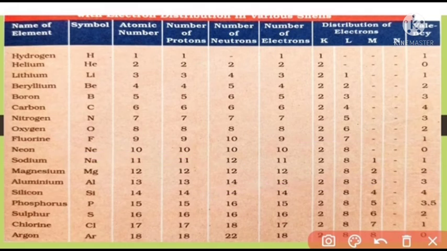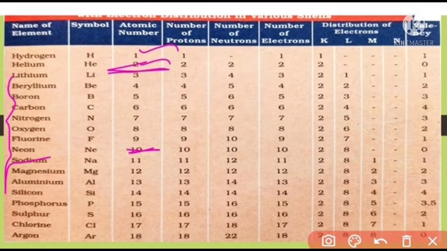The atomic numbers are: hydrogen 1 and helium 2, which is the first period of the periodic table. Then lithium to neon, these 8 elements have atomic numbers 3 to 10 successively. Then sodium to argon, the third period of the periodic table, have atomic numbers from 11 to 18.